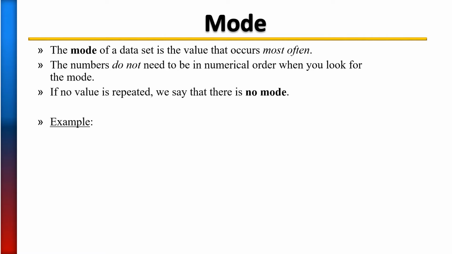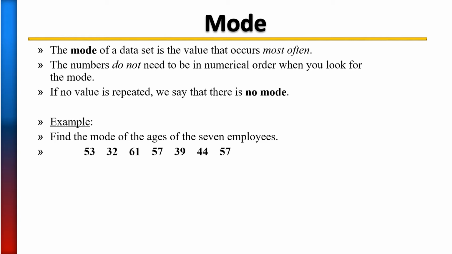So here's an example of some data. These are the 7 employees that we found the median of. Now we want to use that same data to find the mode. So we are looking for any digits that repeat themselves.